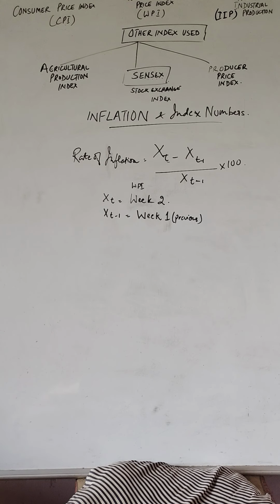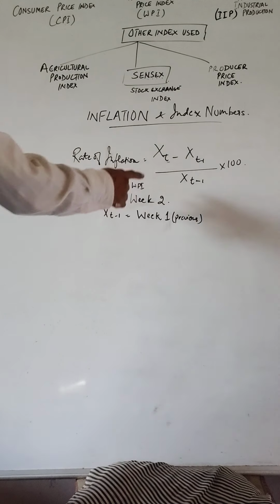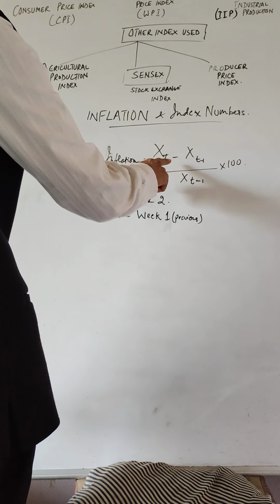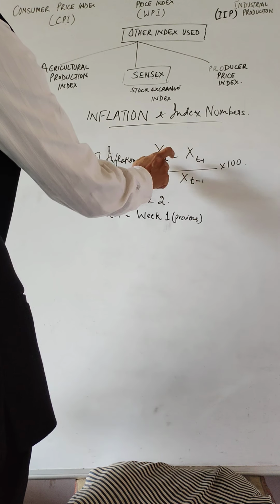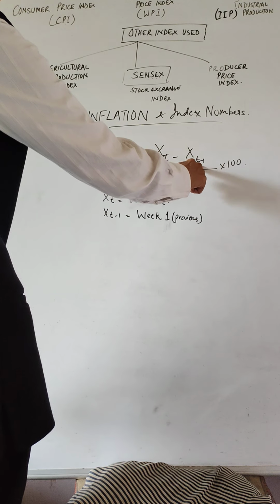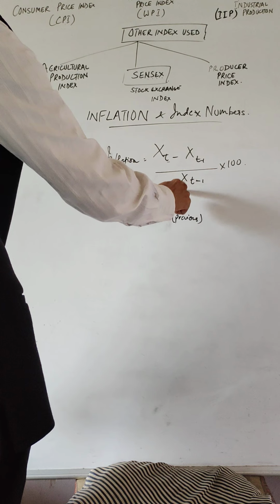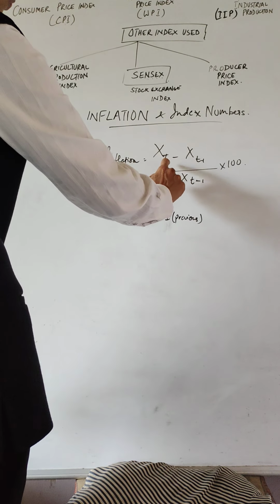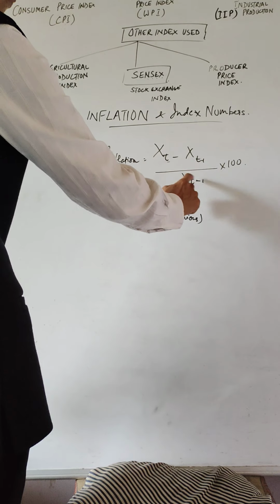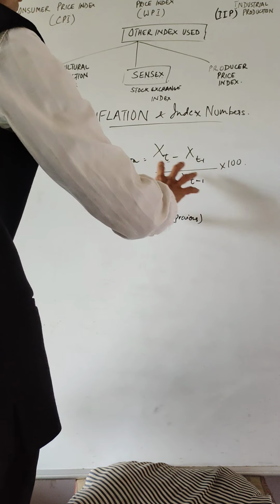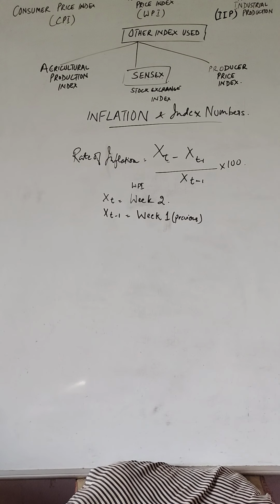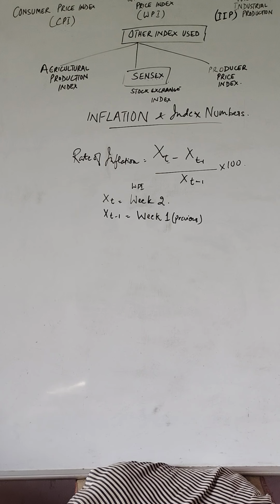So this talks about the rate of inflation on a weekly basis. That is the given week minus the previous week divided by the previous week into 100. So week 2 minus week 1 divided upon week 1 into 100. That's how the rate of inflation is calculated. And then for the entire year, you calculate it thereby. Okay.